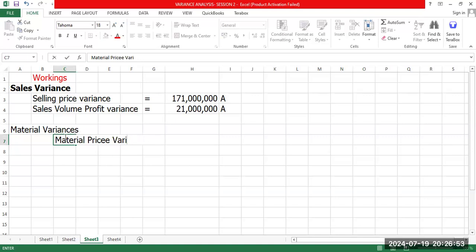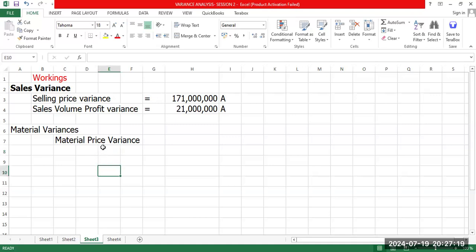And how do you get the material price variance? Will you recall that I said when you're dealing with material price variance, the variance arises because of the difference in prices, the standard price and the actual price.